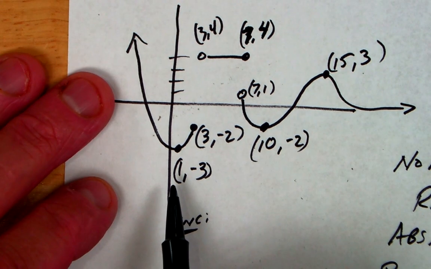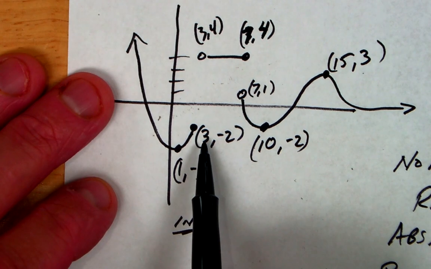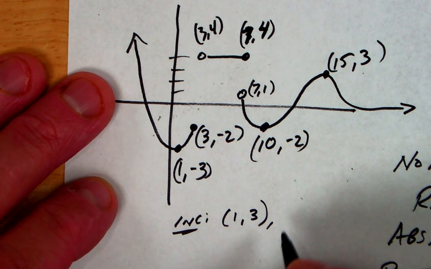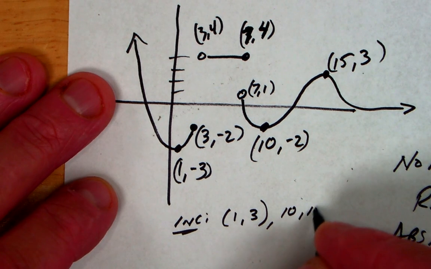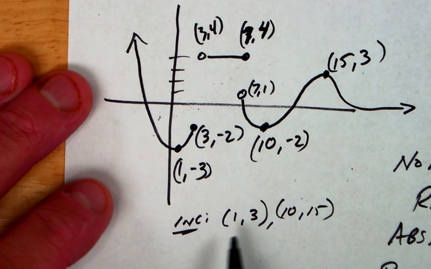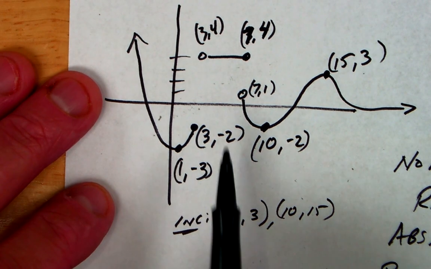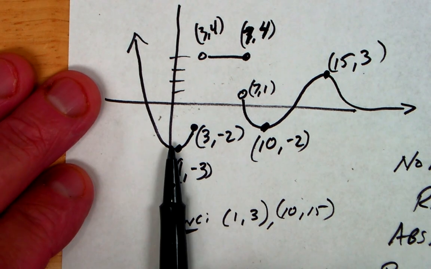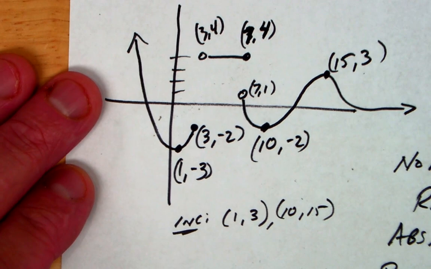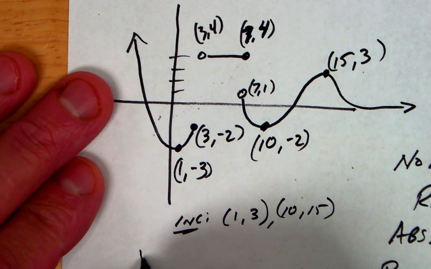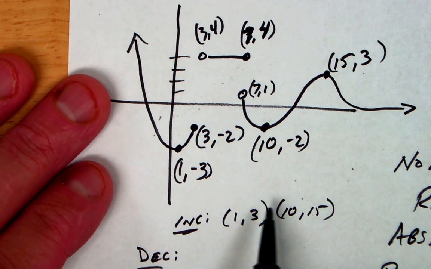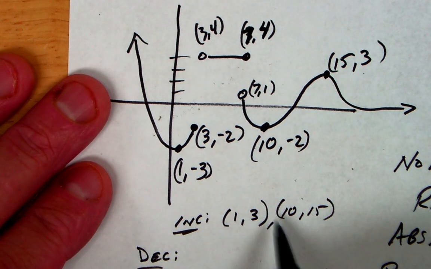From 1 to 3, and also 10 to 15. Now these are intervals, not ordered pairs. It's increasing from 1 to 3 in x because we're scanning this. It's increasing there, and it's increasing there. It's kind of goofy to say it's increasing at the very end, so we're just going to use soft parentheses on everything.